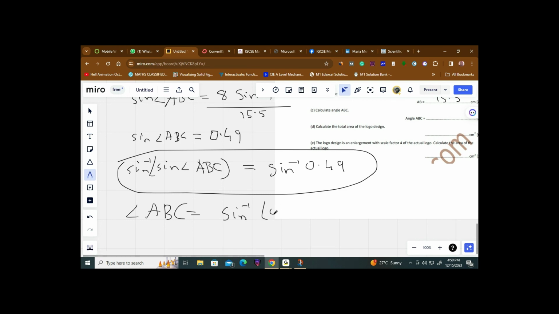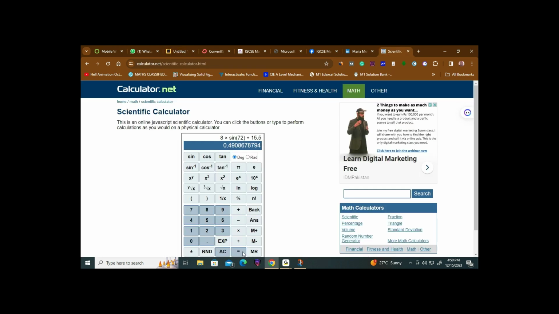Now go back to your calculators. Save this answer. Take sine inverse of the answer, and 29.39, approximately 29.4 degrees, will be your final result. Make sure that while using your scientific calculators, you adjust your calculator to degree mode if you are using degree values.